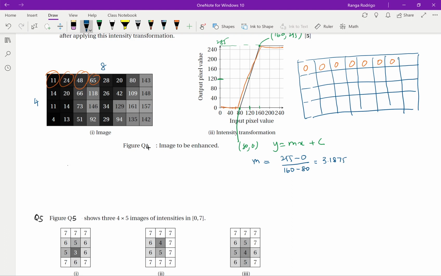Substitute this value of 0 at 80. 0 equals m times x is 80 plus C. So C can be found as 3.1875 times 80 minus 255, I think.